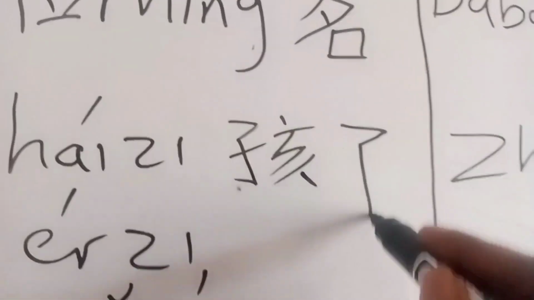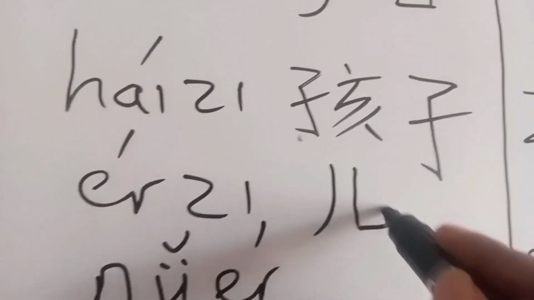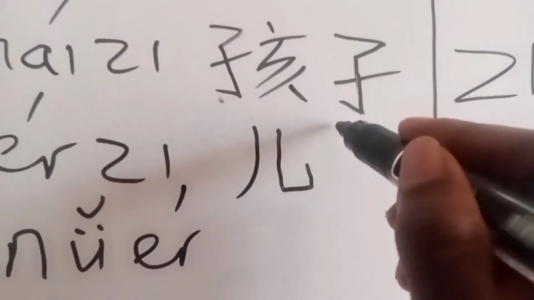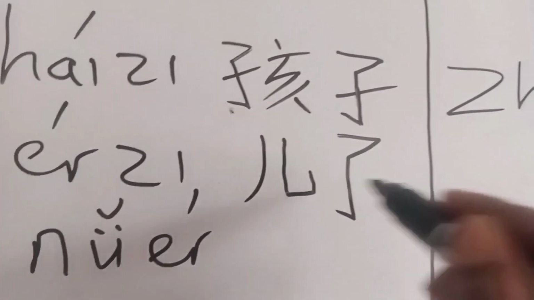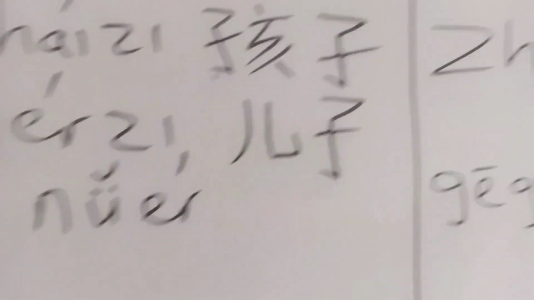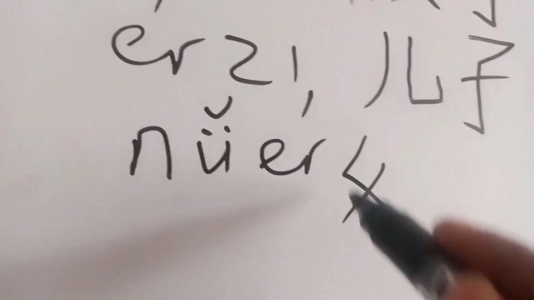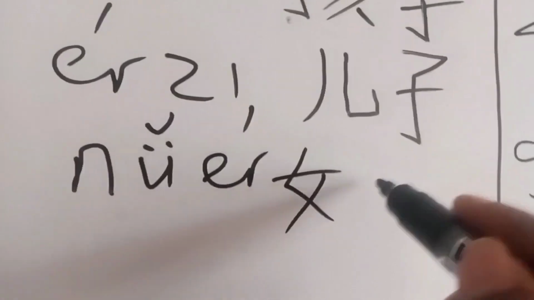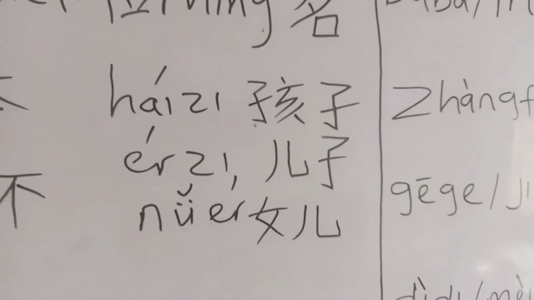This is 孩子. This is 儿子. This is 子. 儿子. This is 女儿. Yes. 孩子, 儿子, 女儿.